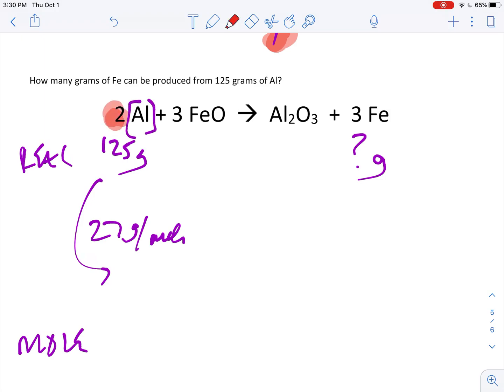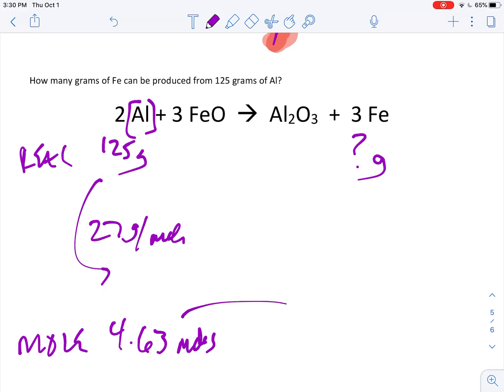But Smith, shouldn't I multiply it by 2 here because there's a 2 in front? No, that 2 you're going to deal with when we go to this step here, when we deal with the numbers that are in front. So don't take that 2 into account now, just do the formula. So that's 125 divided by 27 is going to get me a number of about 4.63 moles that are there.